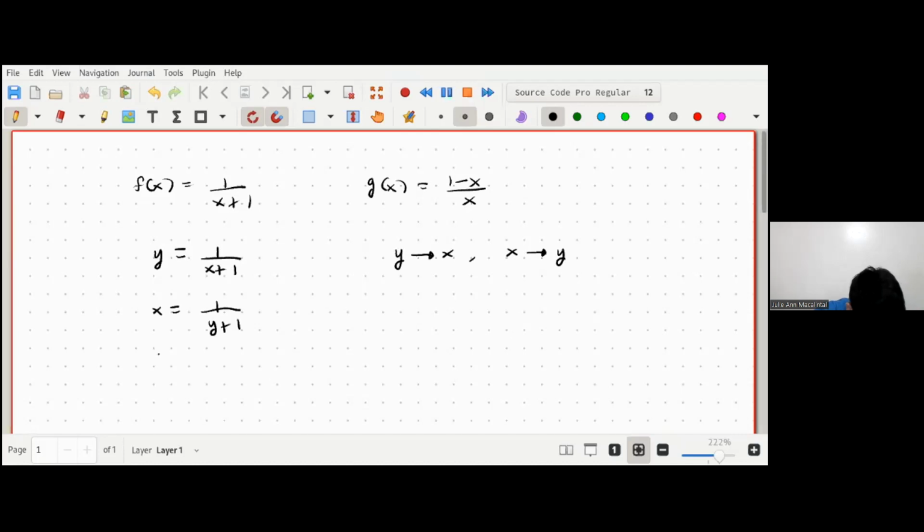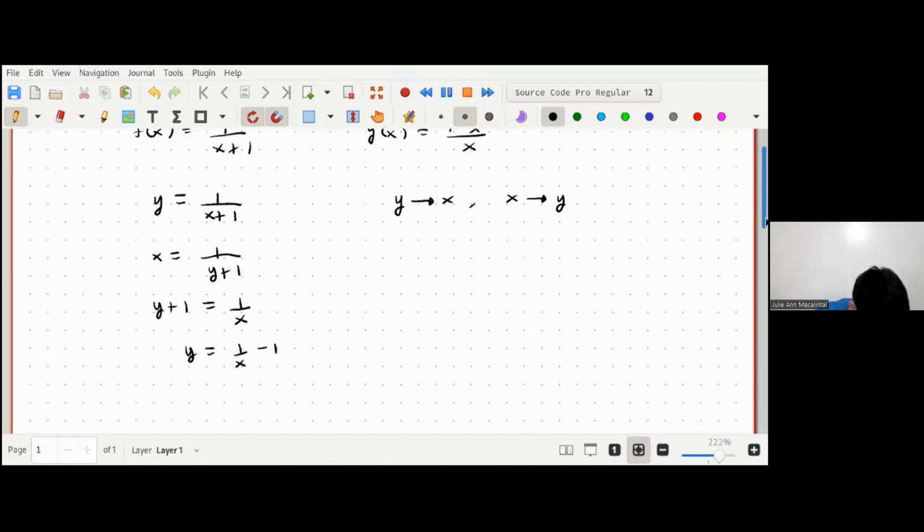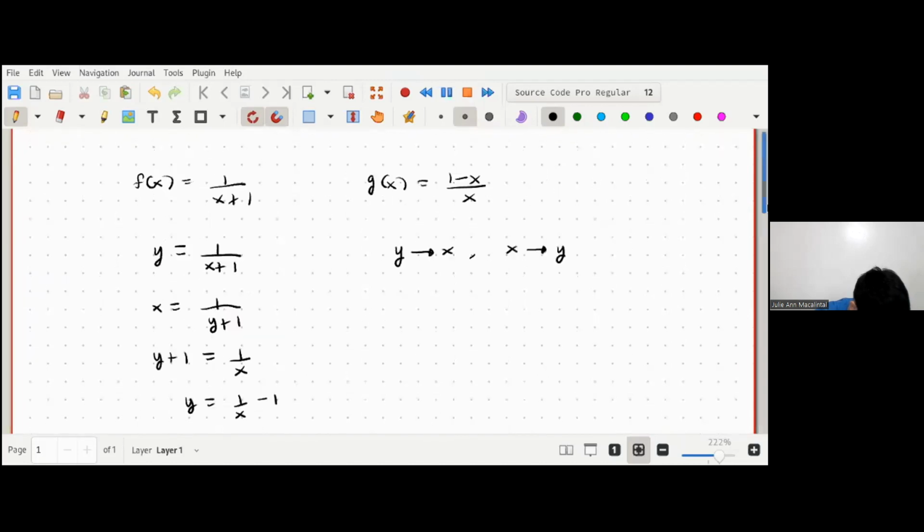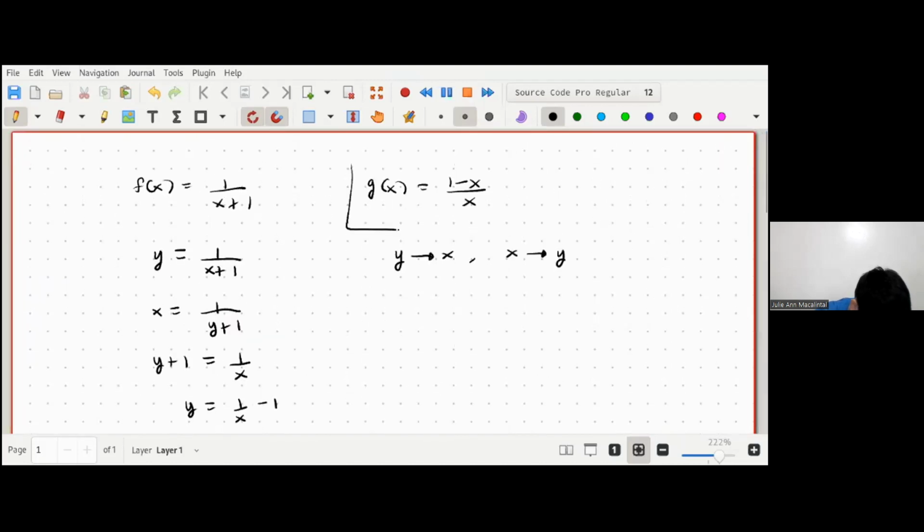Ngayon, let's solve for y. Minus 1. And then, pag ginumbine natin into a single fraction, 1 minus x over x, which is kung ano yung binigay dito.